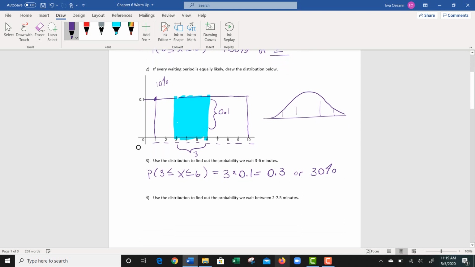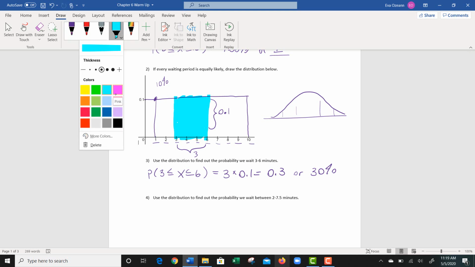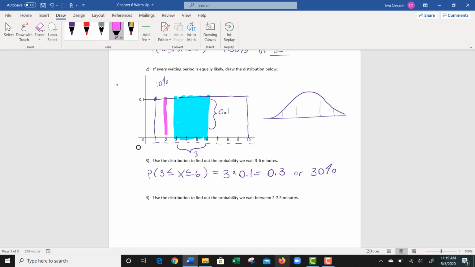Now, let's use this distribution above to find the probability that we have to wait between 2 to 7.5 minutes. So again, that probability is going to be the area under the curve. So we have to find the area under the curve between 2 and 7.5. So we have to find all this area. So when we're finding all that area, our base now is 5.5, and our height is still 0.1.